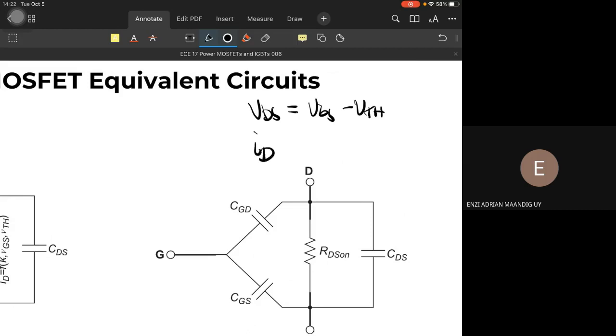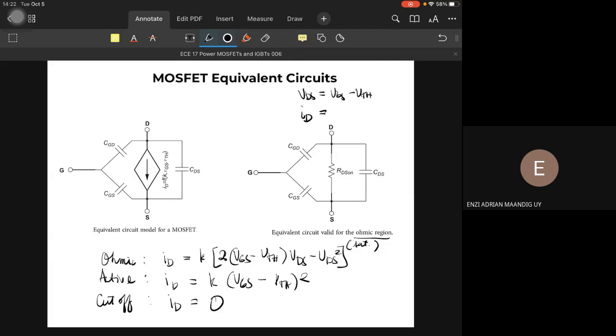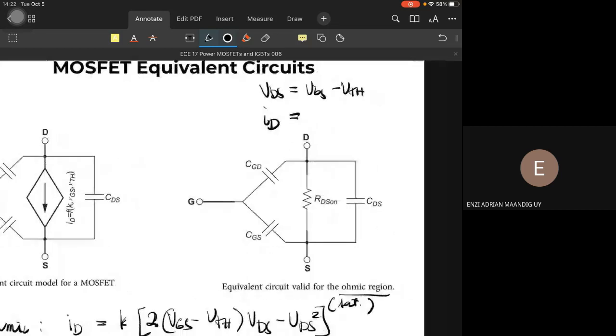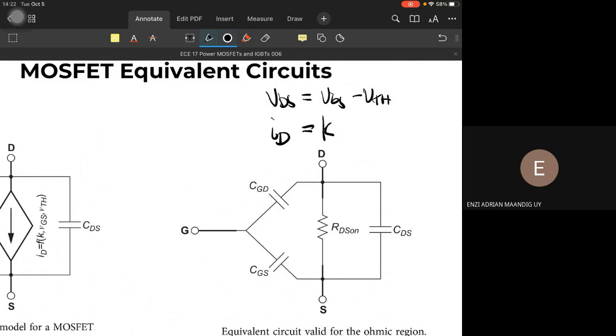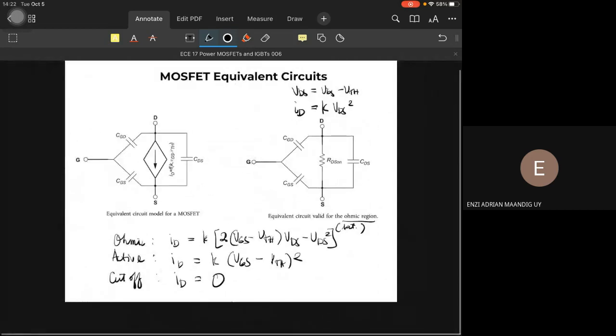That would make ID, both for active and ohmic region, ID is equal to K VDS squared. So ID now is purely, we have an equation that shows us ID is purely dependent on VGS.